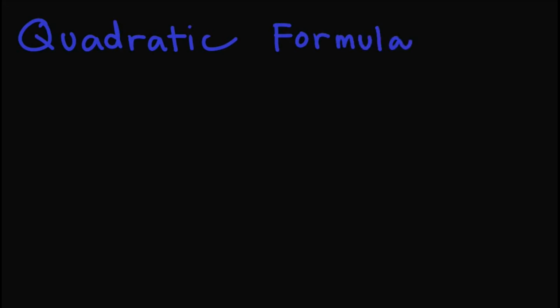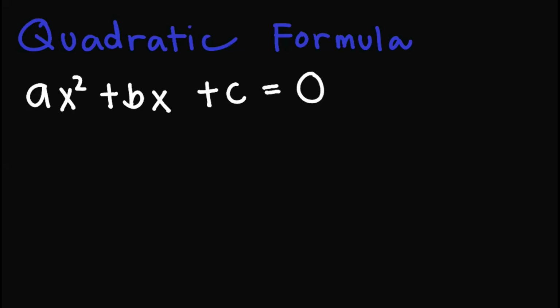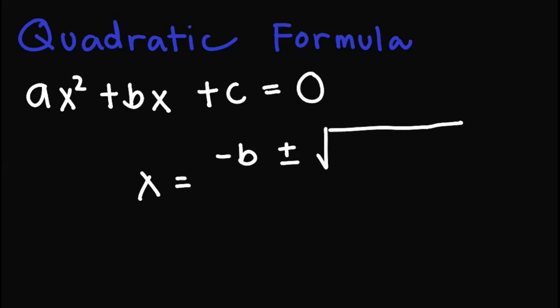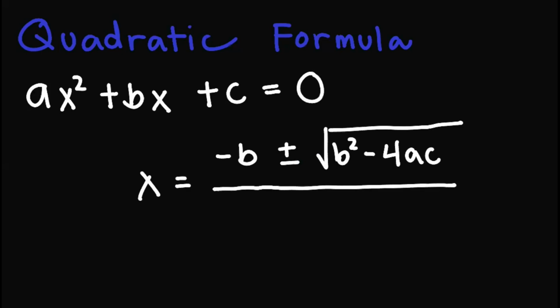So this formula is given by, if we have ax squared plus bx plus c equals 0, its roots can be easily obtained by having this formula. So we have here negative b plus minus square root of b squared minus 4ac over 2a.